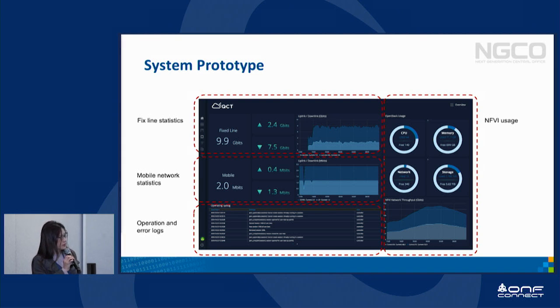At the right-hand side is the NFVI usage, and it is used to display the CPU usage, memory, network, storage usage, and also the network throughput to let the administrator observe the system usage and the network throughput.